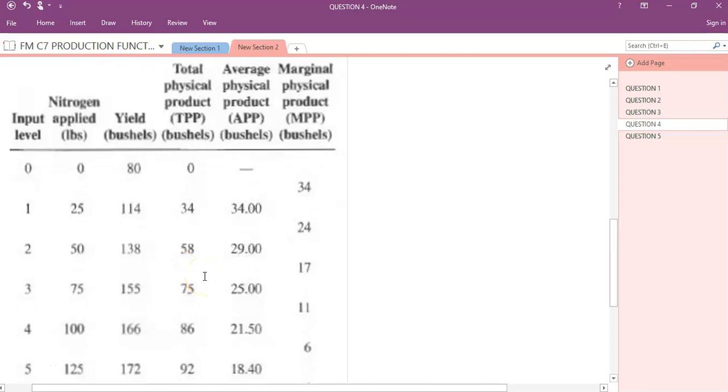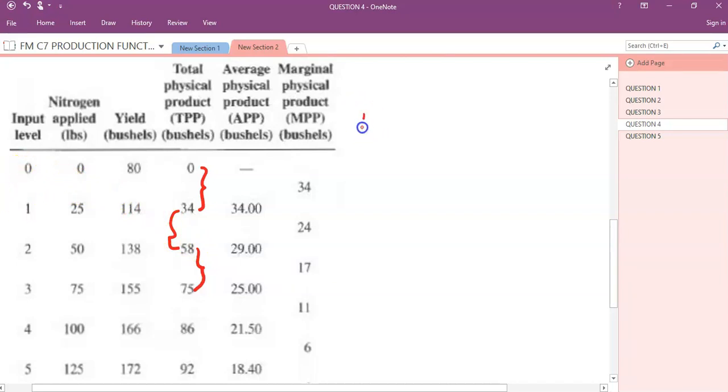So we're looking at the amount of change as we go, in this case, from input level 0 to input level 1. We are interested in how things change from here to here, from here to here. How does it change? And then the change in input level.